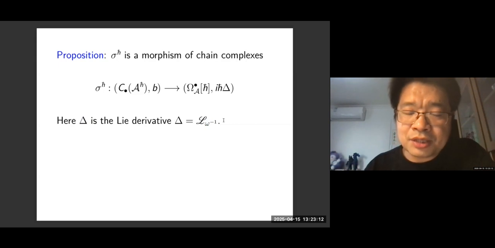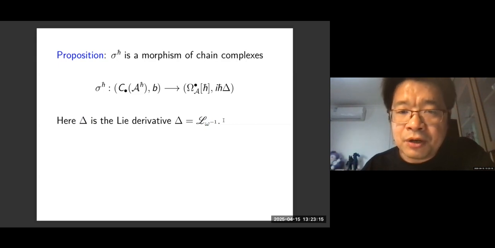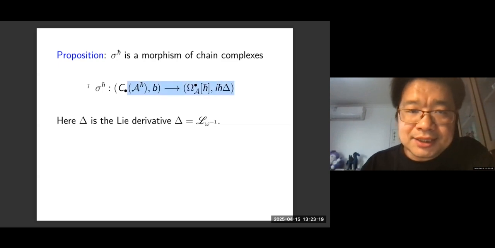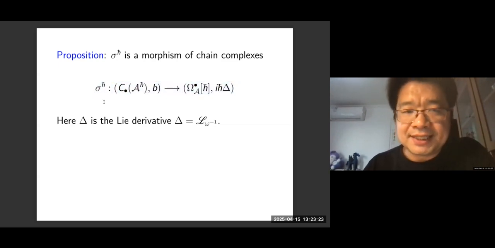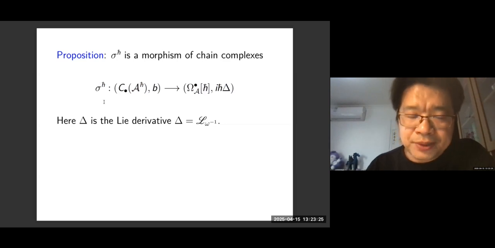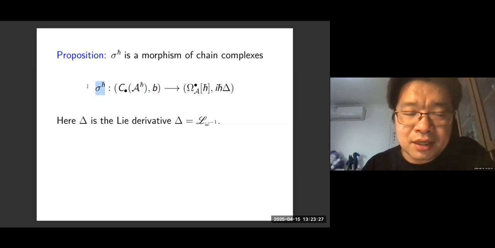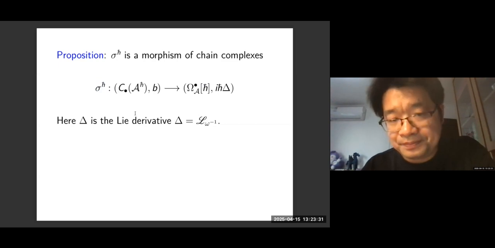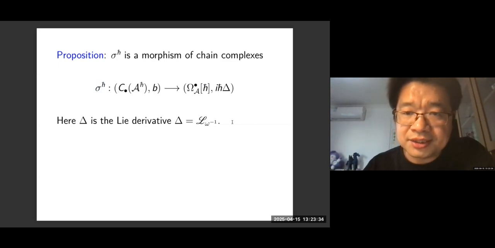So this is also a geometric model for this BV operator, Batalin-Vilkovisky. And this property basically explains the algebraic structure for this quantum HKR, and for the quantum correlation map, or this topological correlation in this model.